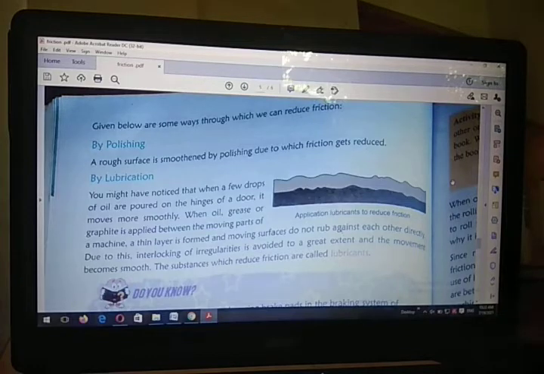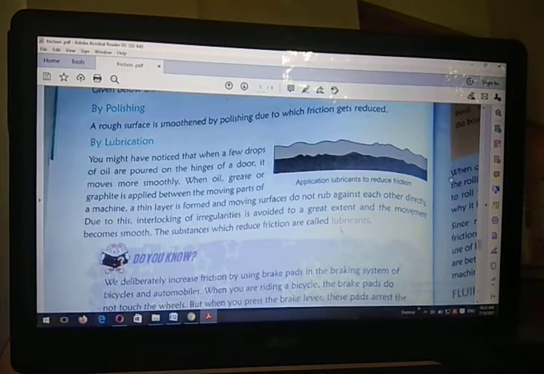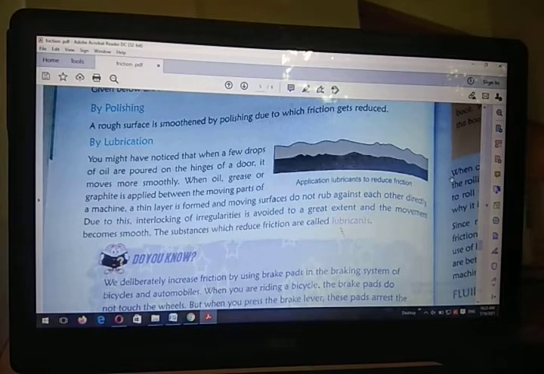The next method is lubrication. You have seen that when a few drops of oil are poured on the hinge of a door, it moves very smoothly. It is a very common everyday experience. If the door does not open easily, you just put in some oil, grease, or apply graphite.